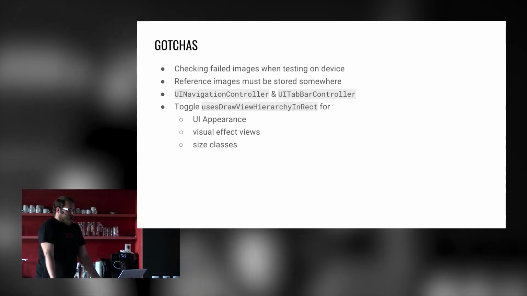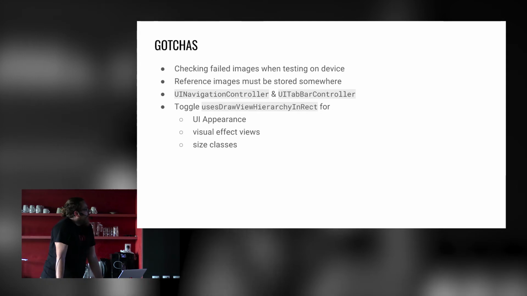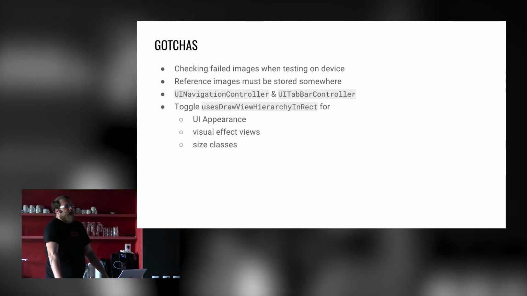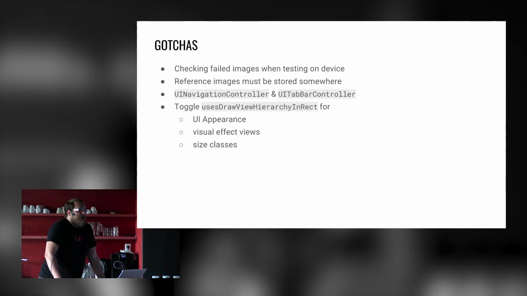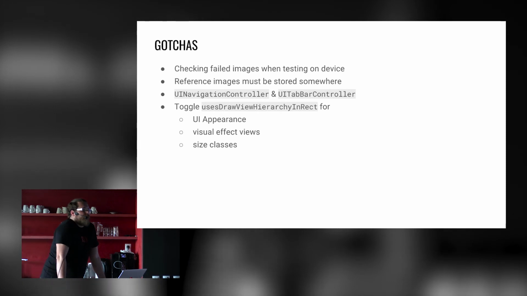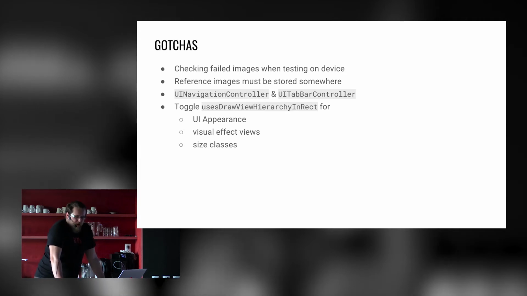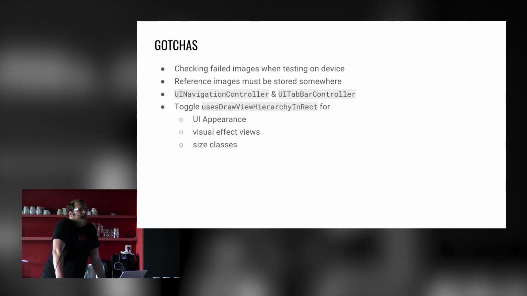If you are testing UINavigationController and UITabBarController, those bars won't be visible because you are testing only a view, and this doesn't contain those bars. So you need to wrap the controllers in the navigation controller or tab bar controller, and then pass its view to FBSnapshotVerifyView to actually see the navigation bars.